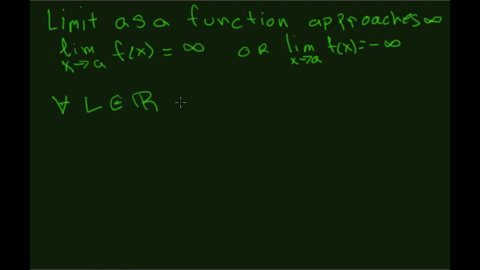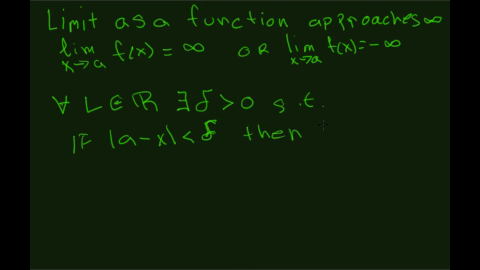If I pick a limit, there exists a delta, which is bigger than 0, such that if the distance from a to x is less than that delta, so if I'm really close to a, then f of x has to be bigger than L. As I'm getting close to a, this thing keeps exceeding whatever limit I give it.